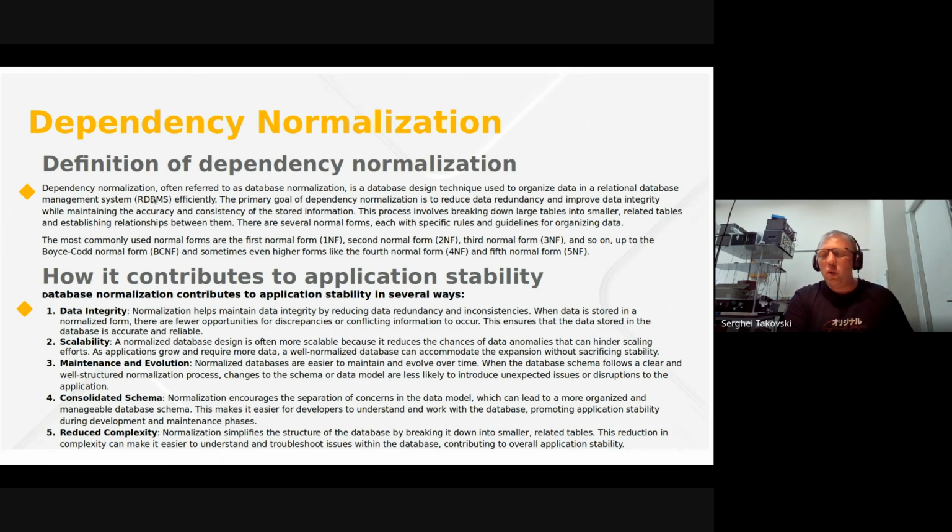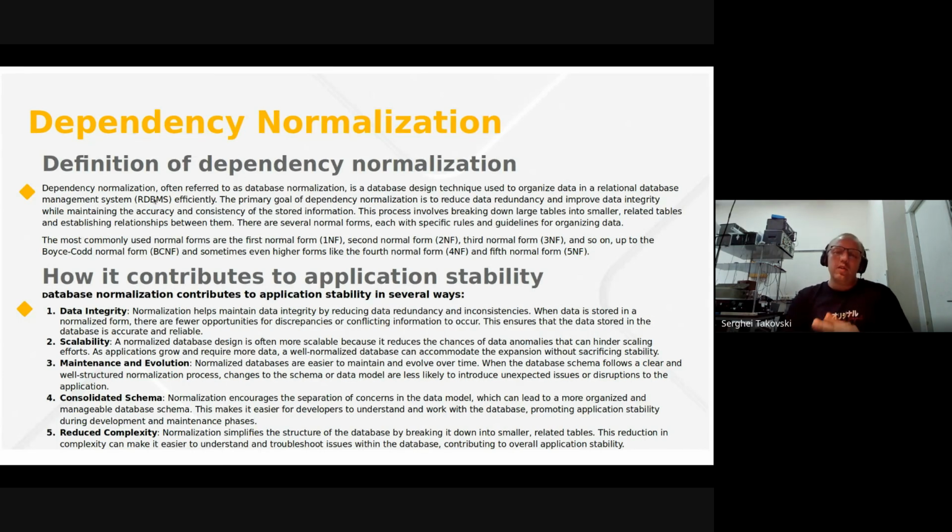When you implement something, you need firstly to think about normalization schemes. For now, we have five normal forms of normalization and some specific methodologies, for example, Boyce-Codd normal form. It's a convention about normalization and scalability.